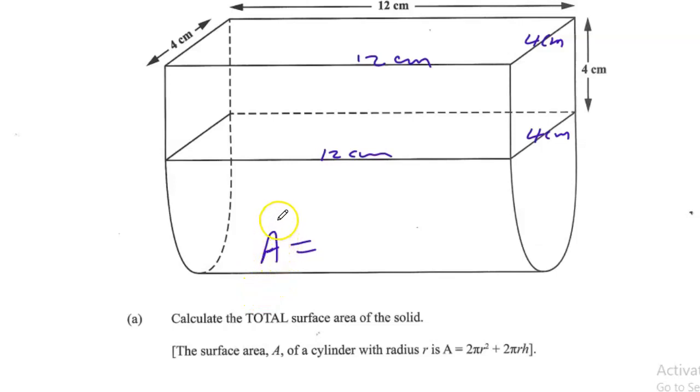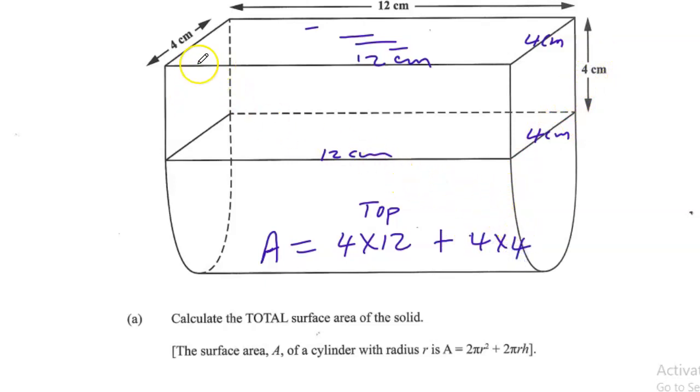So the top will be 4 times 12, or 12 times 4, and that's the top up here. And the side will be 4 times 4, the area.